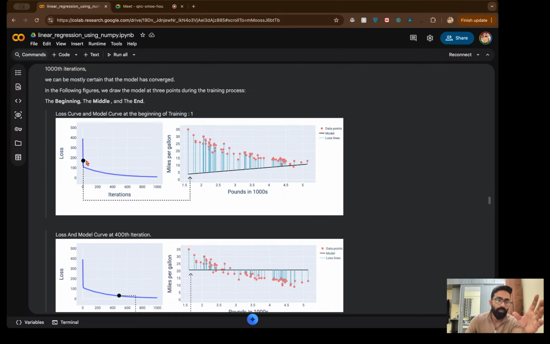On the first iteration, it will give me the value of W and B. That's how gradient descent works. On every iteration, it will give the value of W and B, and I'm plotting my function with those values. So this black line is representing my model on the first iteration.